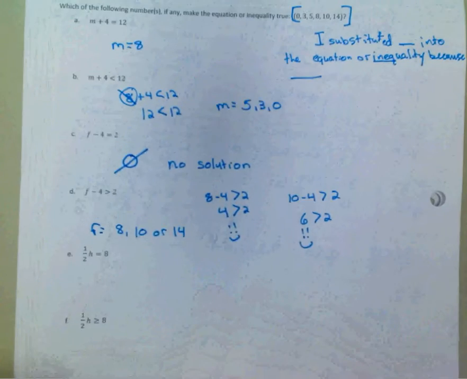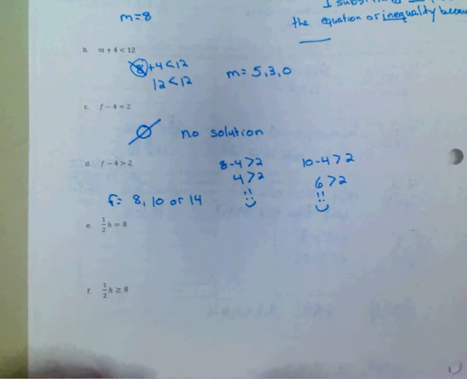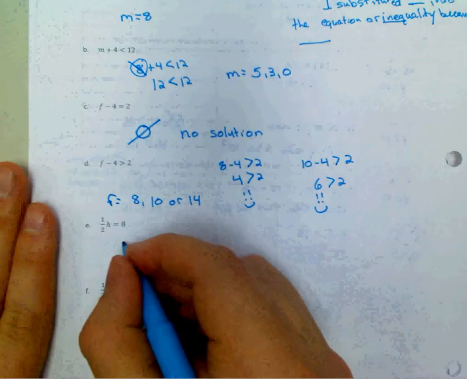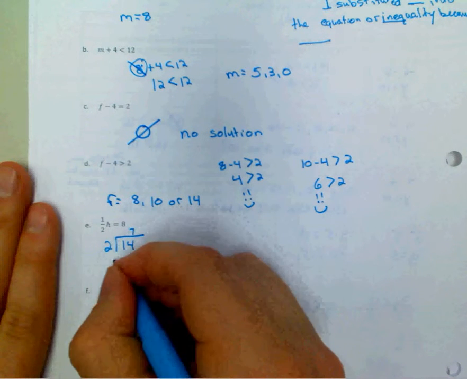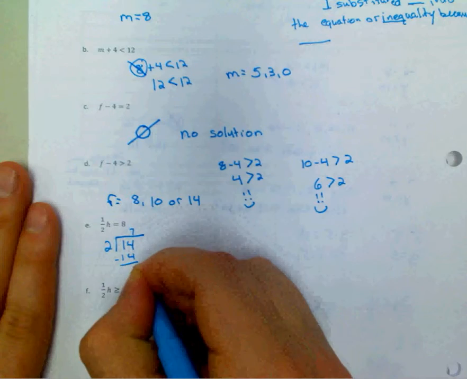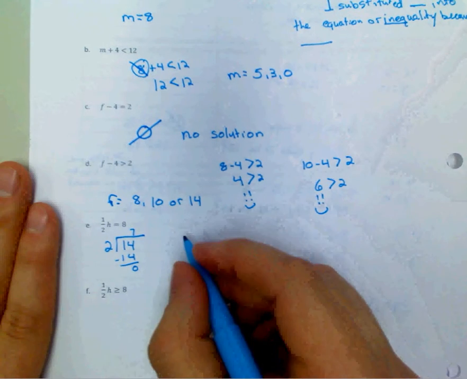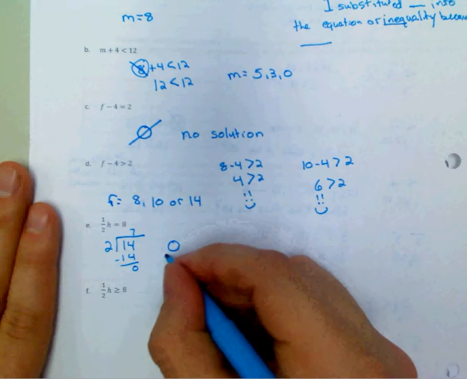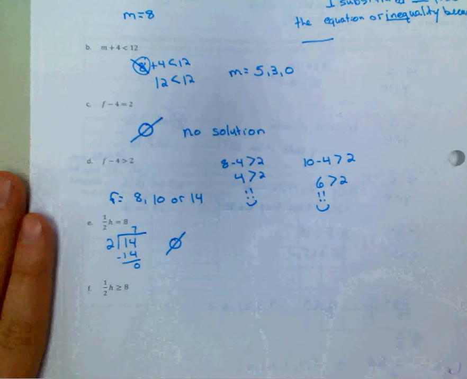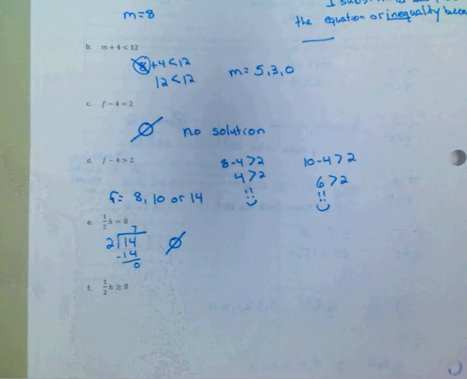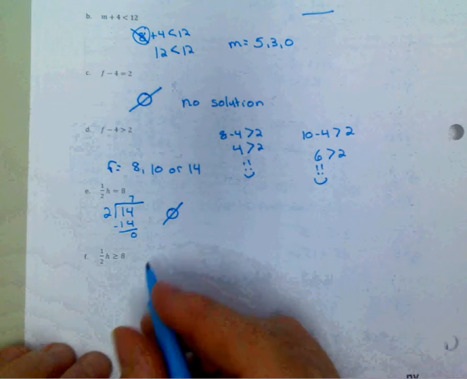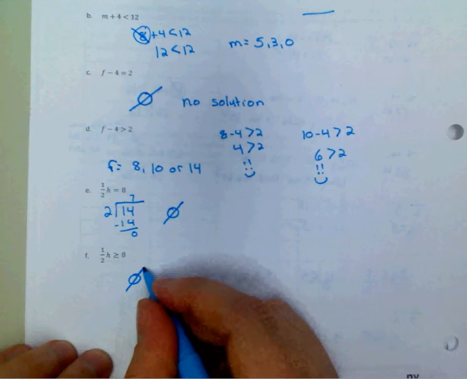Well, if you look, the largest number that we have up here is 14, so let's give that a try. 14 divided by 2 is 7. So we know that none of these is going to work as a possible solution for 8. So for 1/2 of 8 equals 8. And we're going to find that the same thing goes with below.